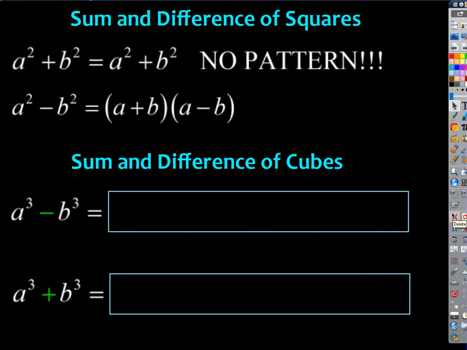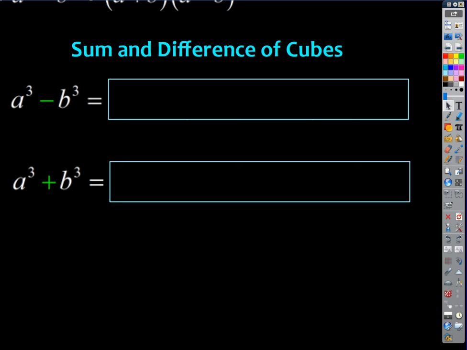Now, these are the two that were a little bit tougher, right? The sum and difference of cubes. So a difference of cubes, if I have something cubed minus something cubed. You remember how this one works? You know that you're going to get a small factor and a big factor.